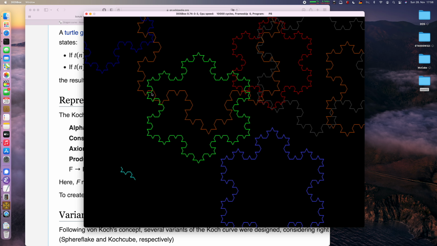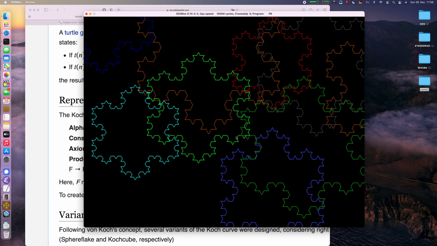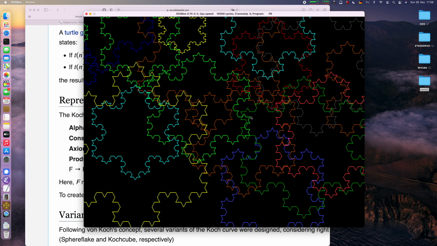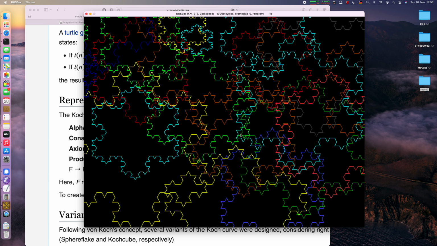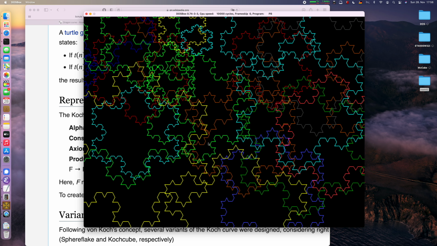And you can see here very nicely the whole snowflake curve, and you can play around with the production rules to produce different things, and you can see how it gets scaled up and down. And probably there are more improvisations that can be done, but I think this is already a pretty nice screensaver.